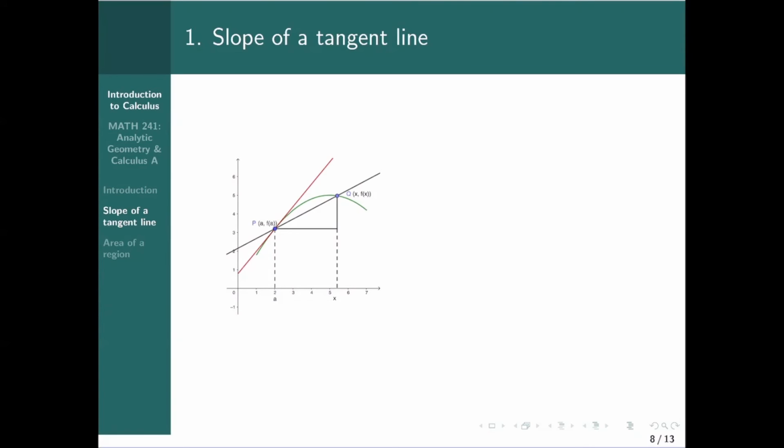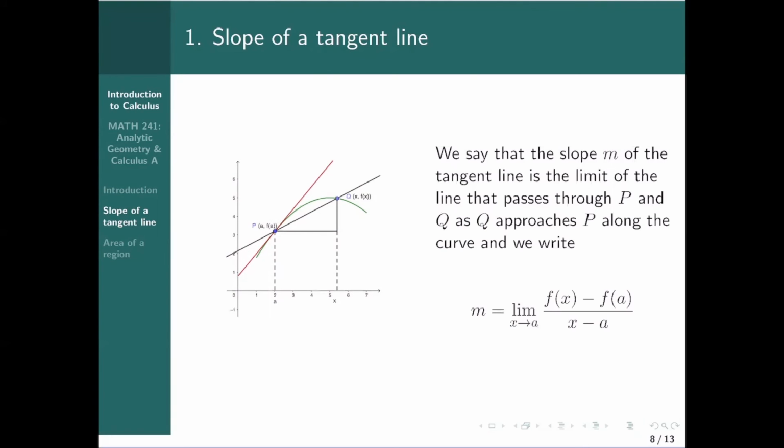So if we move Q along the green curve closer to P, it means that X is actually becoming closer to A. We can say that we can take this process to a limit. And then if we take the process to a limit, this is going to give us the slope M that we were looking for, which is the slope of the tangent line.